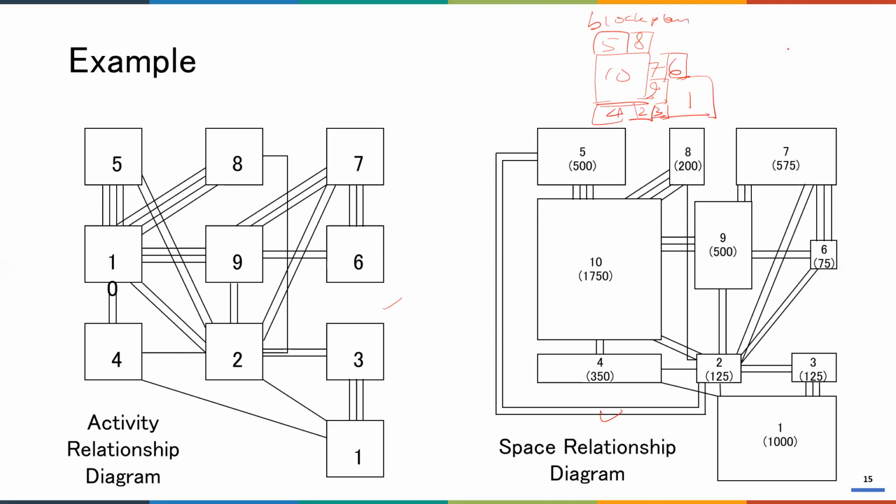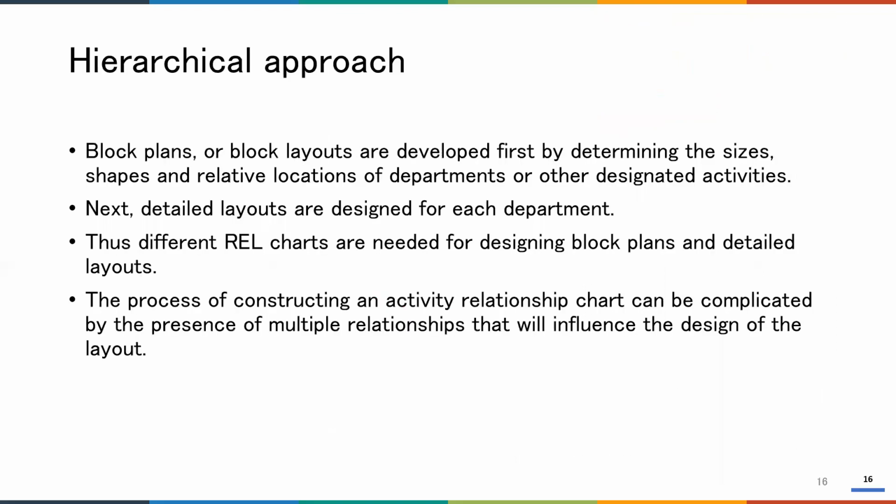And you can also make several alternatives based on the space relationship diagram here. Like 5, 8, 7 maybe here, 9 maybe here, and then this is 6, and then this is 2, and then this is 3, and this is 4, and maybe this is 1. So there are several ways to make it, right?